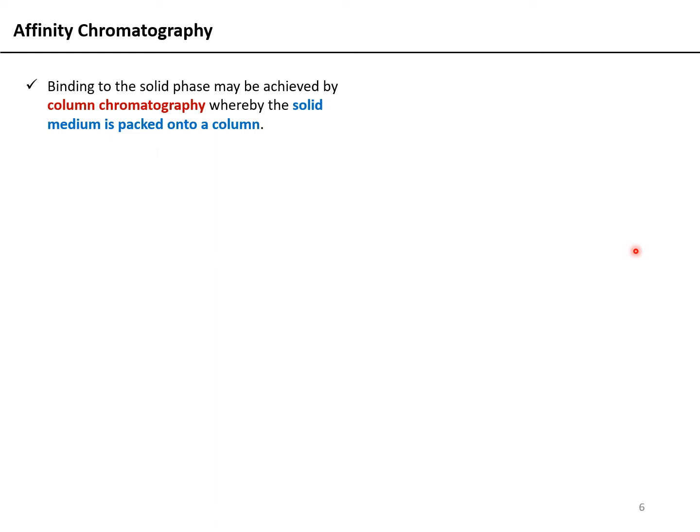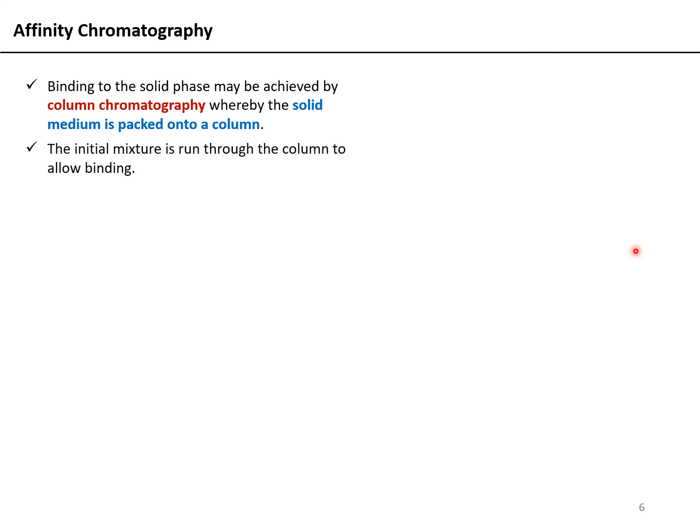So this is exactly the same thing whose schematic we just saw in the previous slide. So you have your resin which has the affinity tag antibody covalently linked to it, and you then pack this resin onto a column.